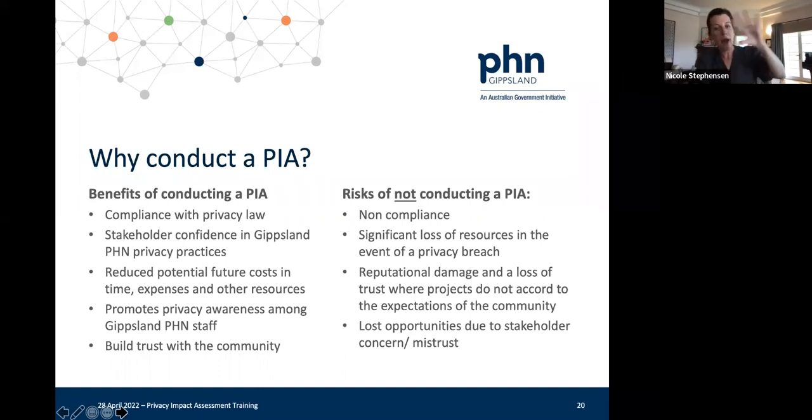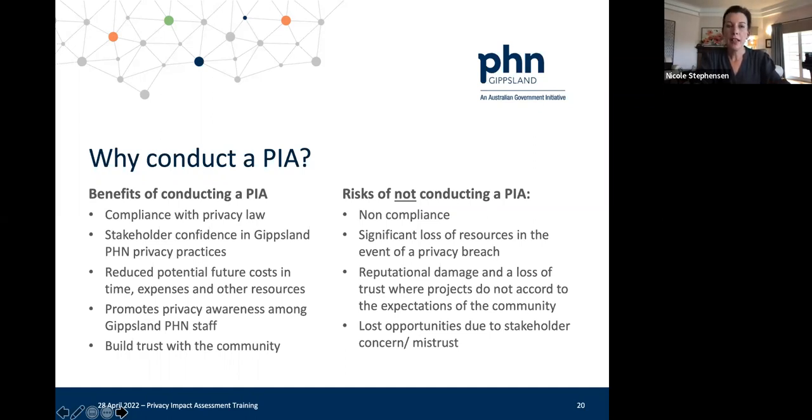So do you remember way back at the beginning of today's session, we talked about what privacy means, and a number of you answered, it's about securing information. Well, when it comes to a privacy breach, we're not just talking about a data breach, right? So a breach of systems where data is accessed in an unauthorized way, or disclosed or lost.